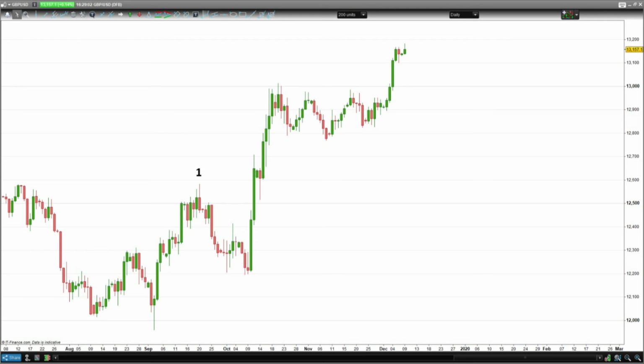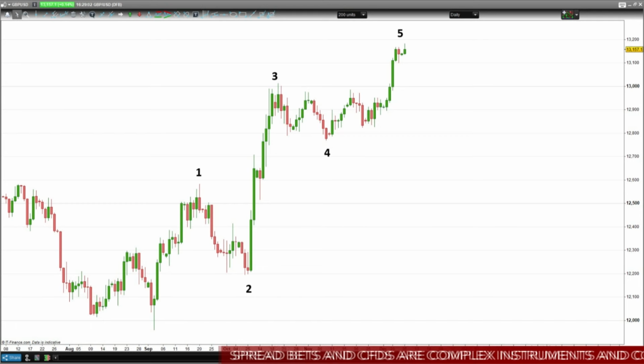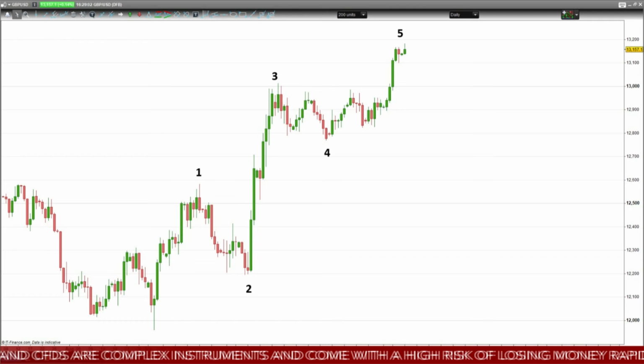If you just looked at this, you could count this as a 1, 2, 3, 4, 5, and that's quite easy. Now, if you were looking at it at wave 5, you'd look back to the left of your chart and say, okay, we've come from a nice advance to the upside, a nice motive wave to the long side. So you might be at the top of the market, and it really does help with that.